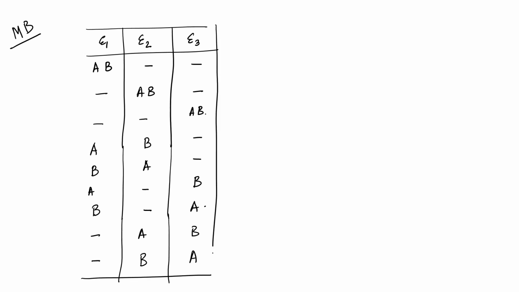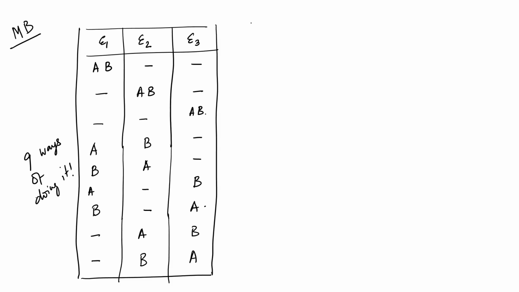Okay. So, this is the total number of ways it can be done, and as you can see, there are these 3 plus 4 plus 2, 9 ways of doing this distribution.